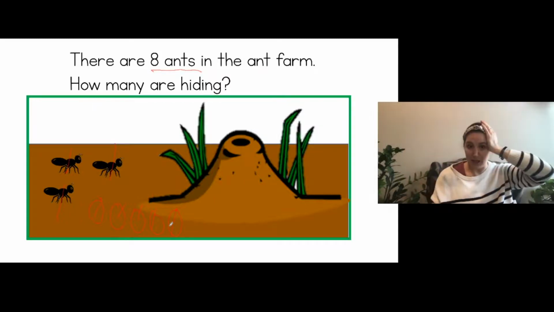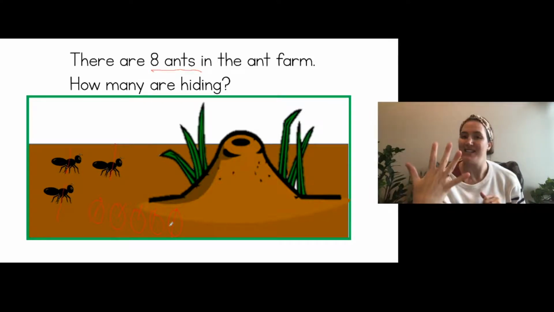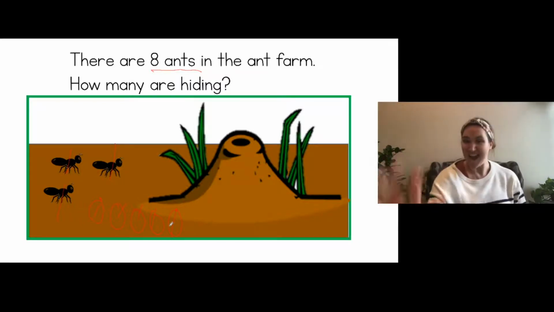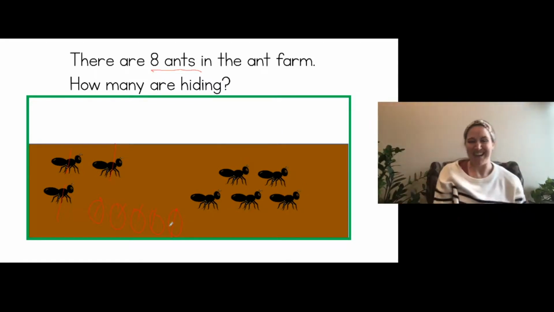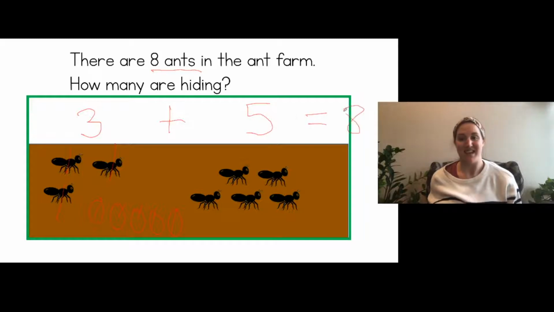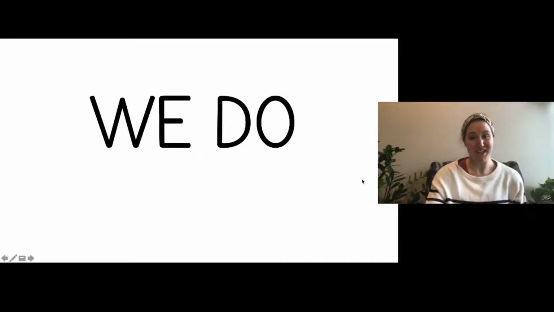How many ants do we think are hiding? 5. Let's see if we're right. 5 ants are hiding. So we know that 3 plus the 5 that were hiding equals 8.